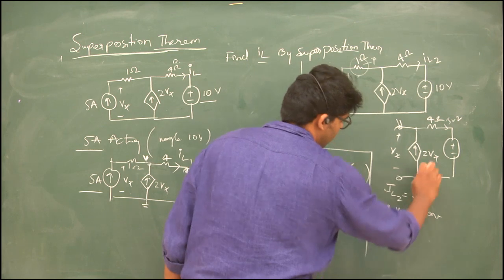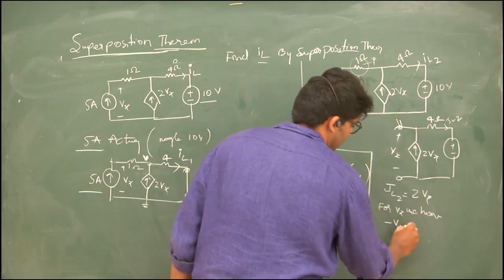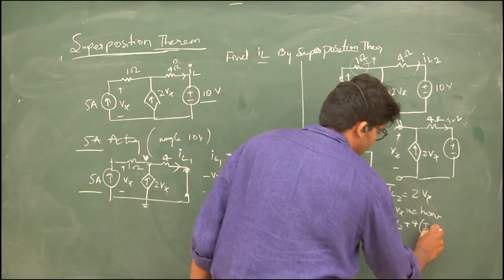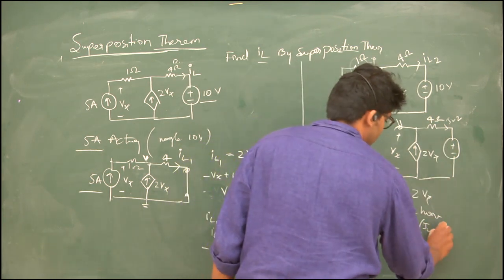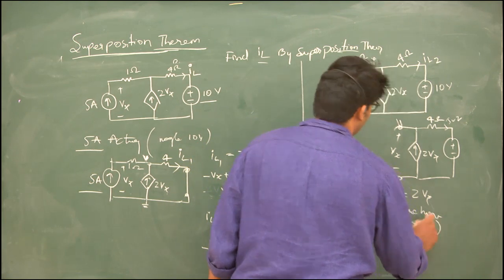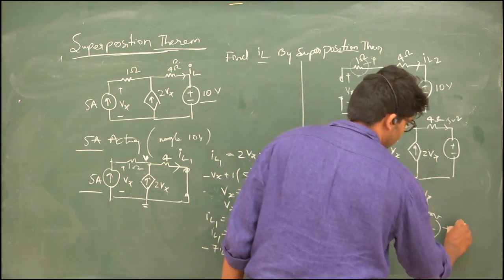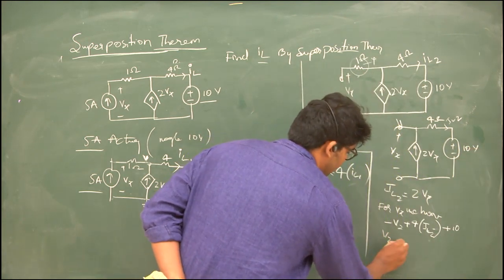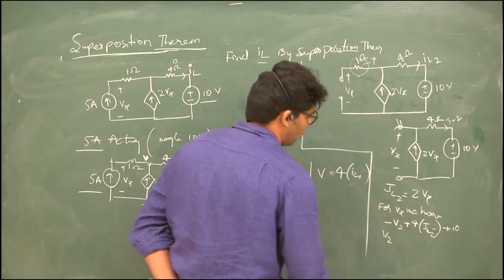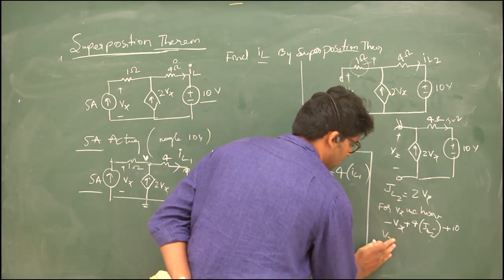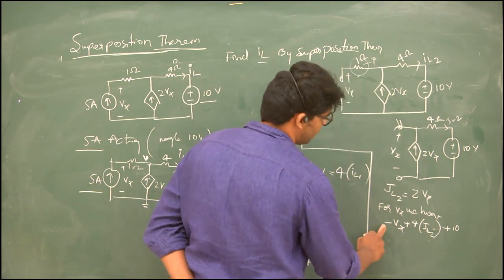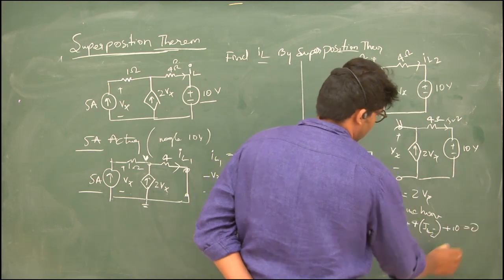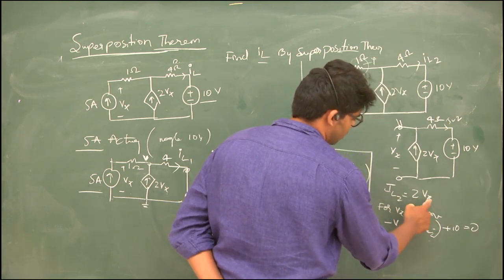For Vx we have minus Vx, this is the branch voltage, minus Vx plus 4 into current IL2, plus the voltage value, plus 10 volts. So minus Vx plus 4 into IL2 plus 10 equal to 0. We have IL2 equal to minus 2 Vx.